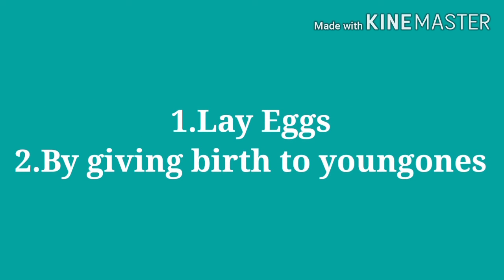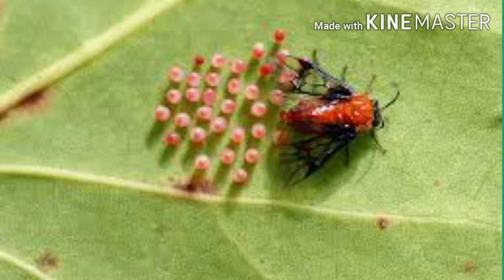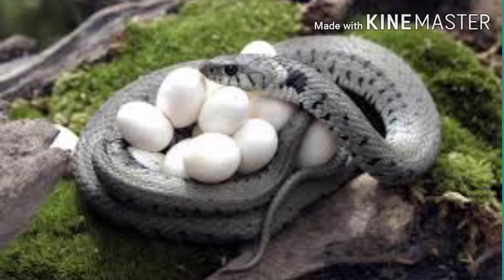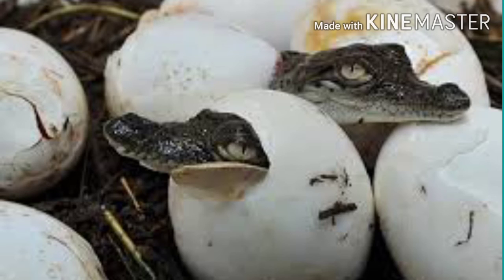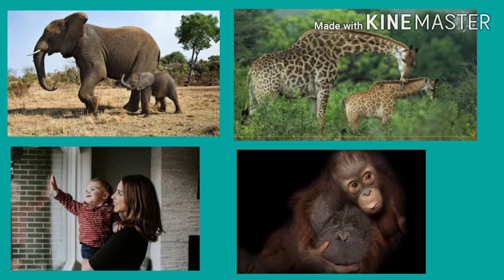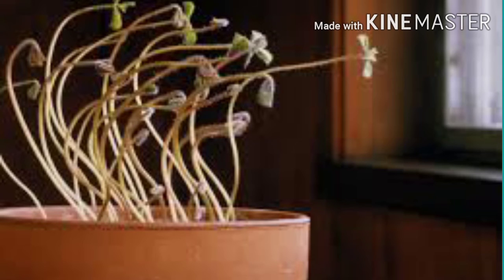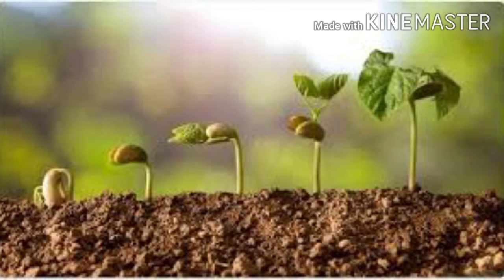Living beings reproduce either by laying eggs or by giving birth to young ones. Some insects, frogs, fish and snakes lay eggs, whereas animals mainly give birth to young ones. What about the plants? Yes, plants mainly reproduce and grow with the help of their seeds.